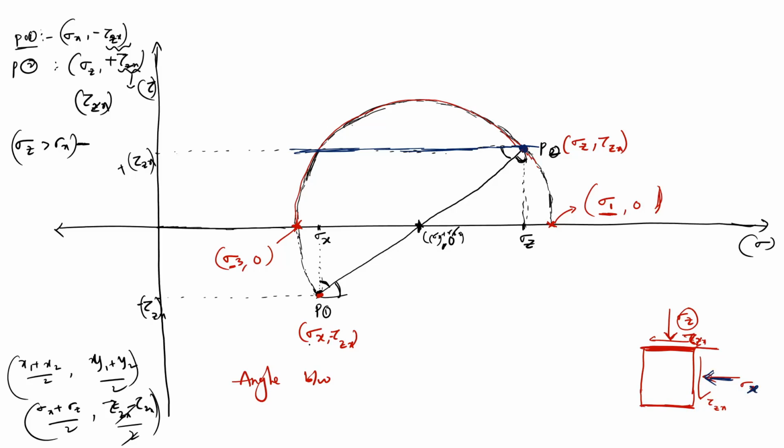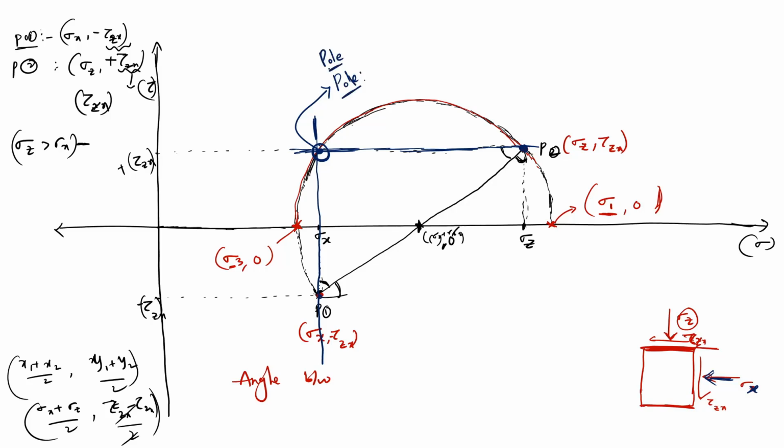So from the sigma x point, you draw a vertical line. The point of intersection of these two lines which I have drawn will become the pole. This is the pole. This is how you should draw the pole.